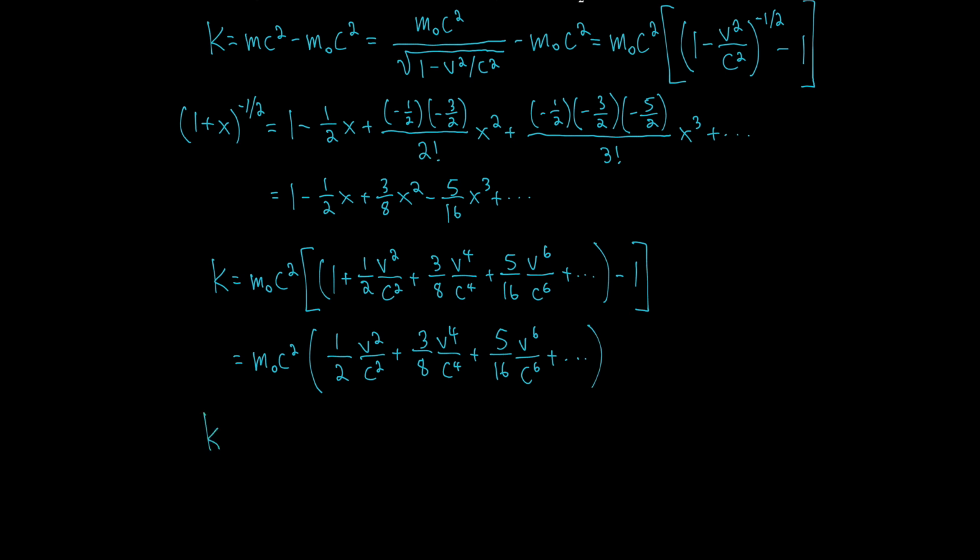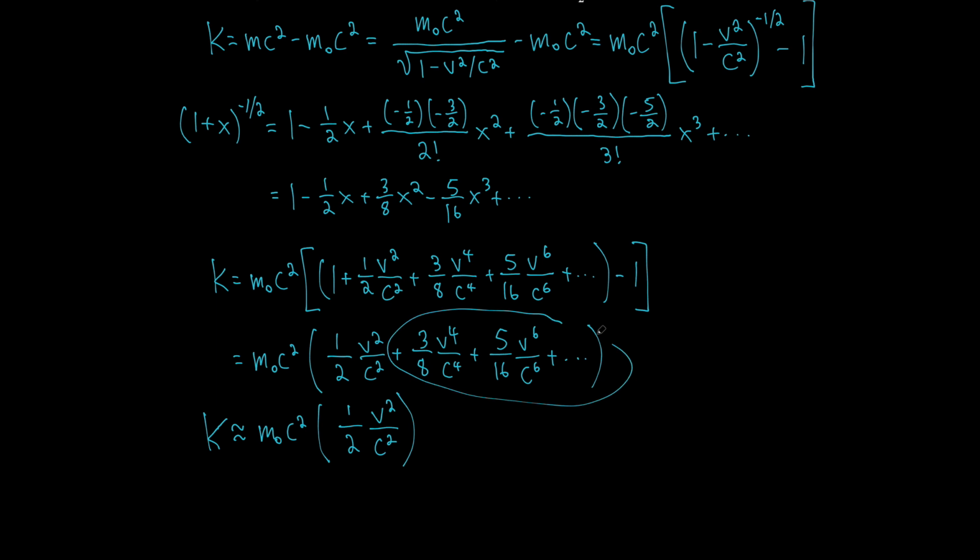So that means that k is approximately m naught c squared times half v squared over c squared, because if this value over here, v squared over c squared, is very small, then when we square it again, it'll become really, really, really small.